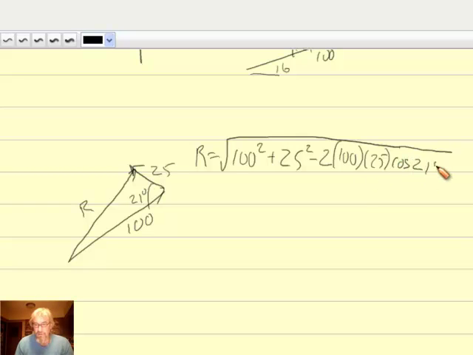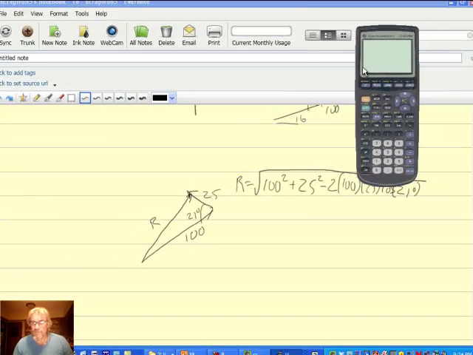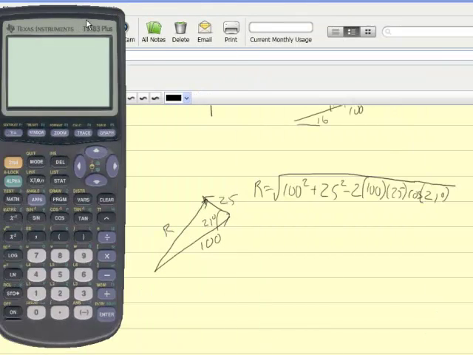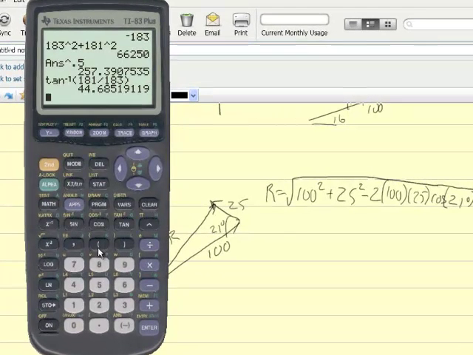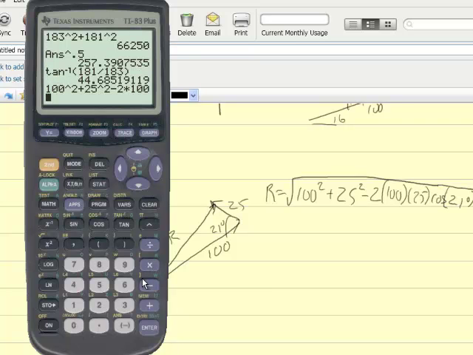Alright, let's grab our calculator and do this calculation. Make my calculator big here. Let's see. 100 squared plus 25 squared minus 2 times 100 times 25 times the cosine of 21 degrees.